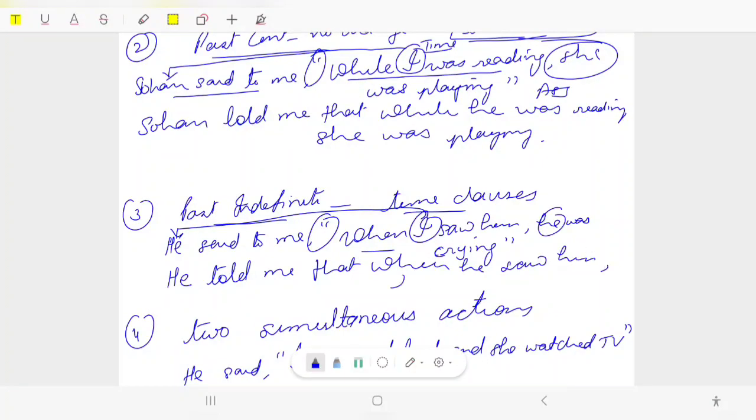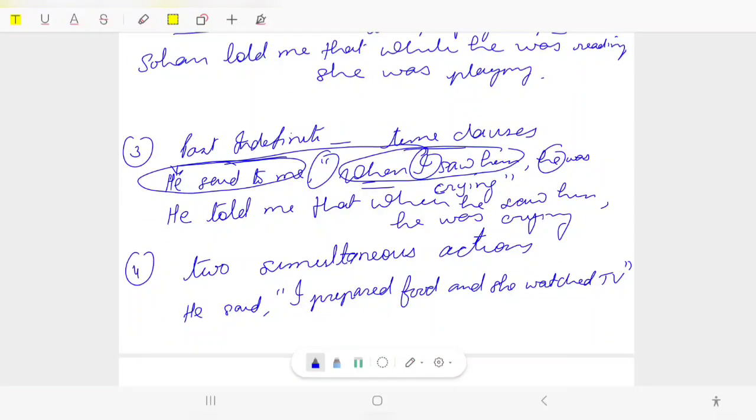Third person, no change. He was crying. How is it a time clause here? He was crying. When? What time? When I saw him. So this shows time. That's why it is called time clause. So when past indefinite is used in time clauses, it does not change even when reporting verb is in the past tense. Have a look at next example.